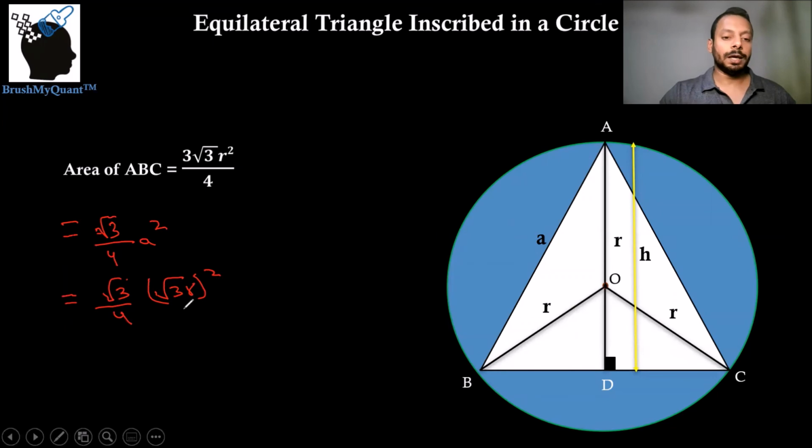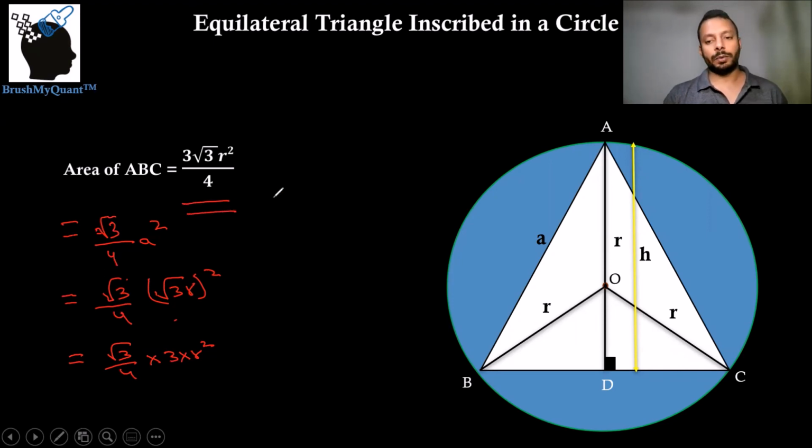So it becomes root 3 by 4 into root 3R whole square, which is root 3 by 4 into 3 into R square, and which gives us the area of triangle ABC as 3 root 3 by 4 R square.